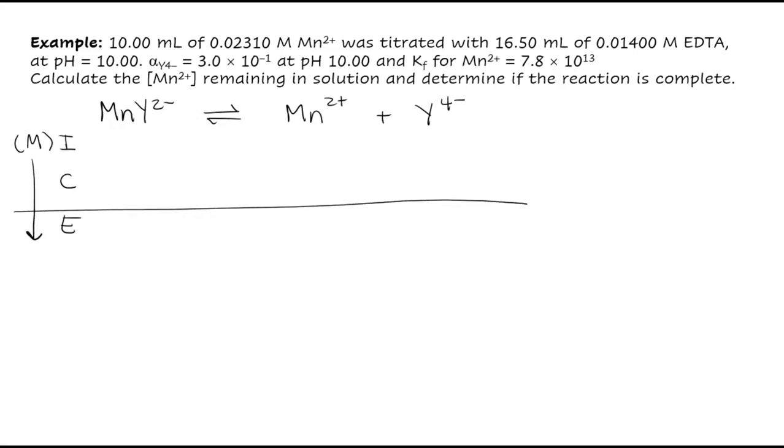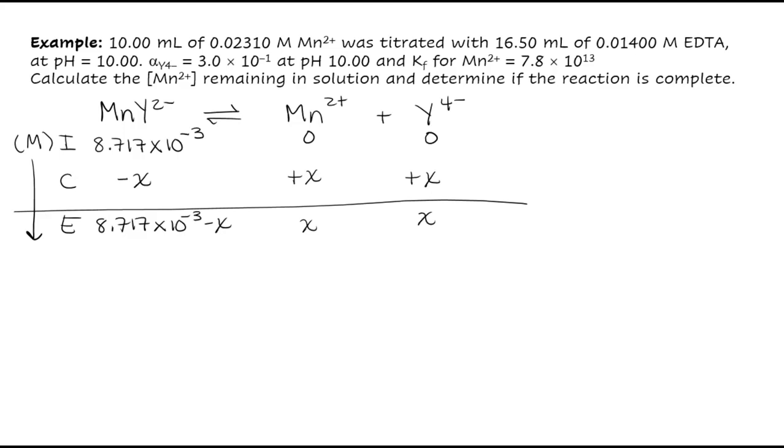We already calculated our molarity, which was 8.717 times 10 to the negative 3. Our manganese and our Y4 minus are at 0. The change row is minus X for the complex and plus X for each product, which makes our E row 8.717 times 10 to the negative 3 minus X, and then X and X.